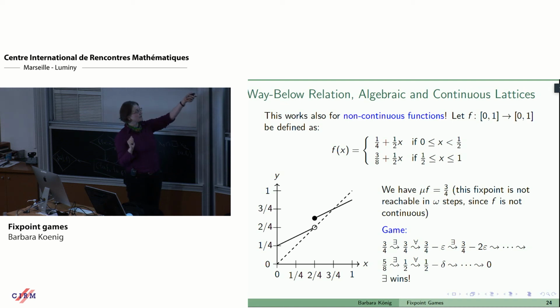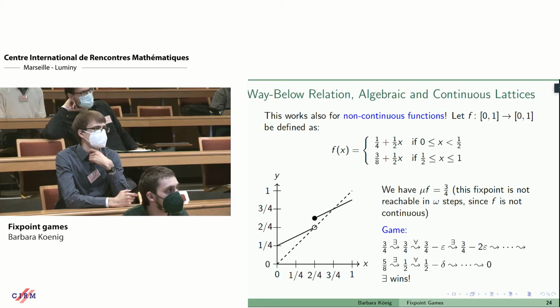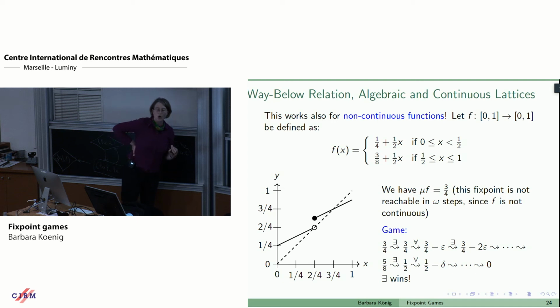Sorry, maybe I should say this better. At some point the existential player can take the zero, which is okay, because at some point 0 covers this 1/4, and the existential player can take the 0 because it's just an arbitrary lattice element. And then the universal player would have to take something that is way below.